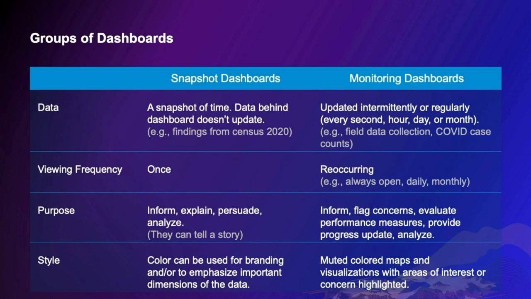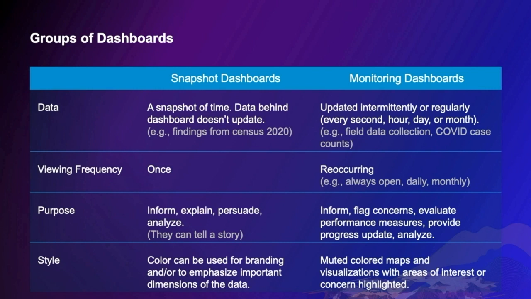From our experience, dashboards can be broken down into two main groups: snapshot dashboards and monitoring dashboards. Snapshot dashboards summarize a static dataset. The snapshot of time it represents is typically inherent in the data. For example, you can make a dashboard summarizing data from the 2020 census, or the results from an environmental study that you just conducted.